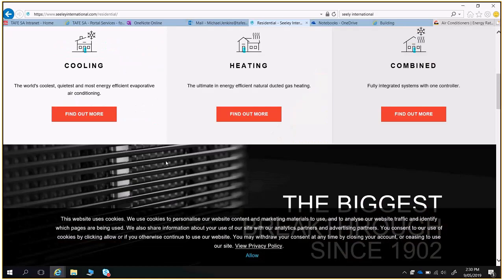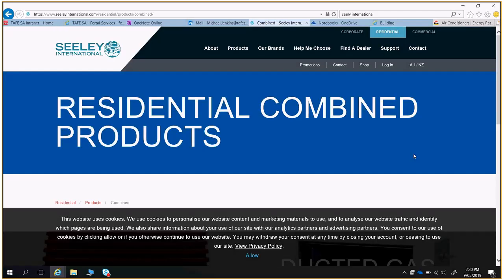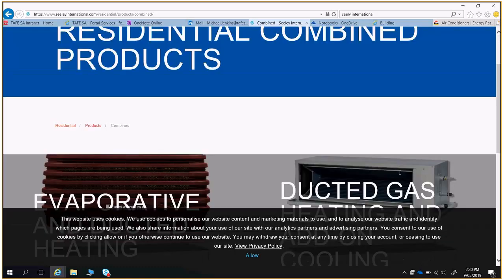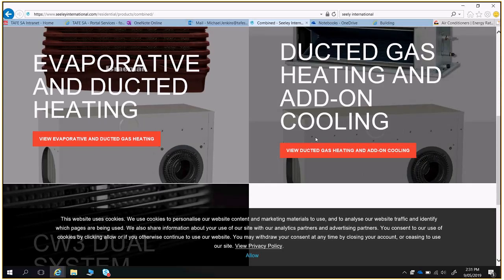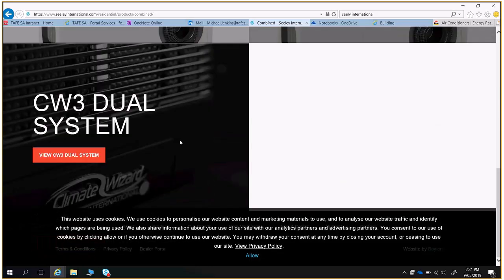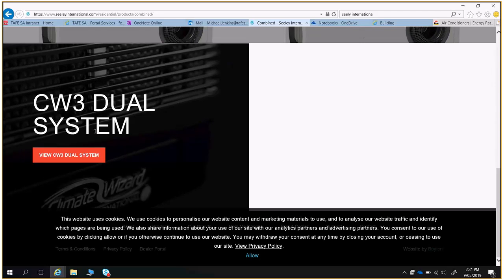So if we go into the residential and then let's go into combined, we use a Climate Wizard that has a gas heater incorporated with it. We'll have the CW3 dual system. So you can also, if you wish, research this system and have this system as one of your comparisons. So have a look at the CW3 dual system.